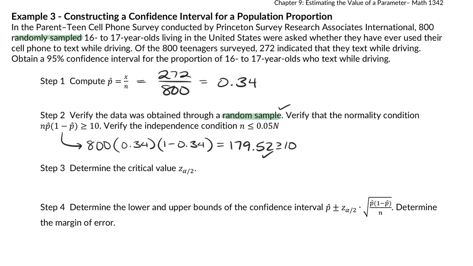Then we also have to verify the independence condition, that this is less than 5% of the total population. What we're surveying, 800 people, is that going to be less than or equal to 0.05 of the entire population of teenagers, 16 to 17-year-olds in the United States?